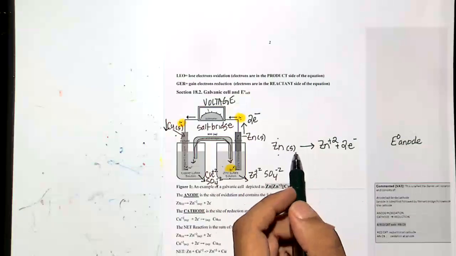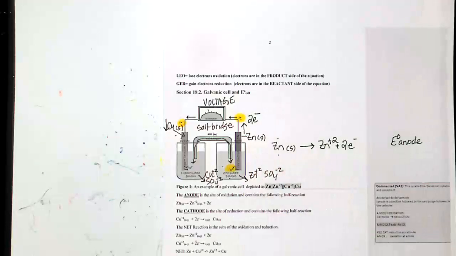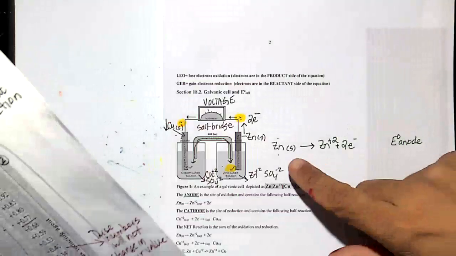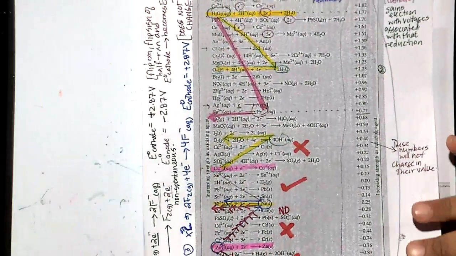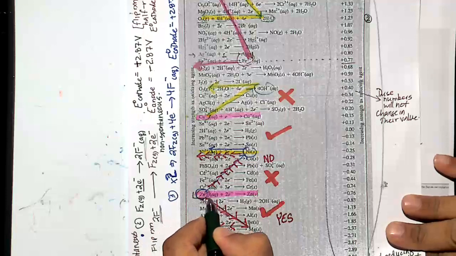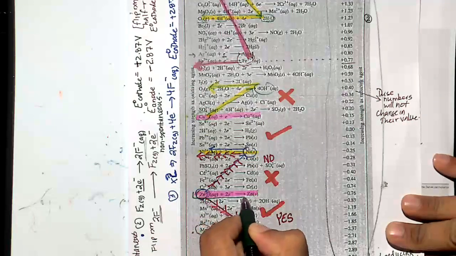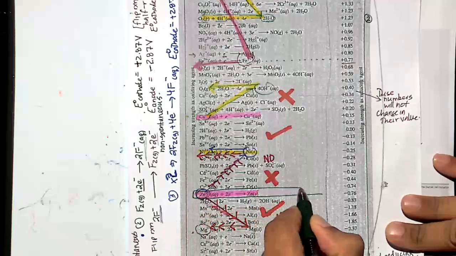And what's the voltage associated with this? Zinc solid goes to zinc plus 2 electrons. The reduction is zinc plus 2 electrons goes to zinc solid.